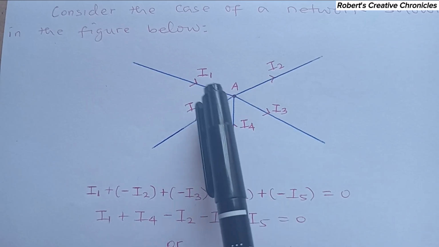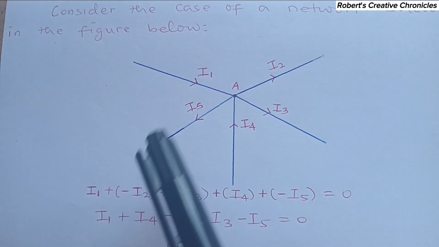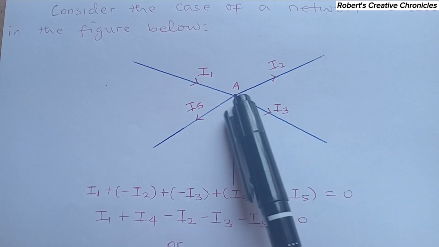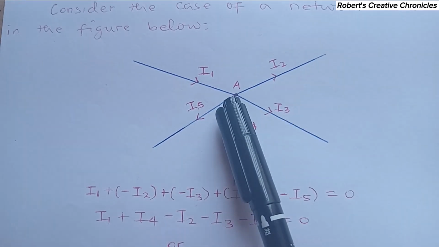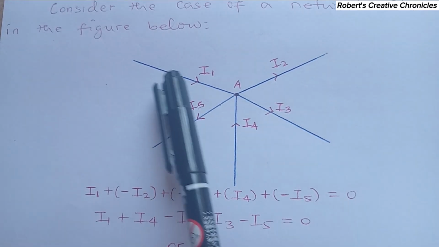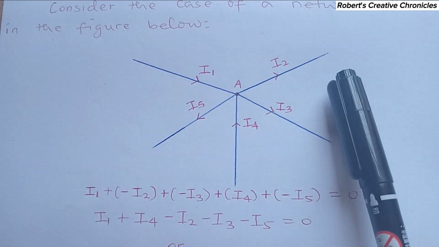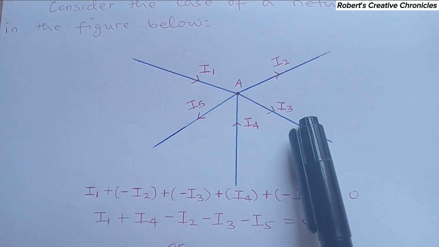You can use a convention that any current that enters the junction will be assigned a positive sign, and the one that leaves the junction will be given a negative sign. Or you can do it the other way. You can say any current that enters the junction will be given a negative sign, and any that leaves the junction will be given a positive sign. But you must use it consistently from beginning to end.